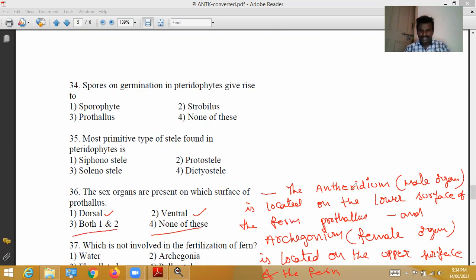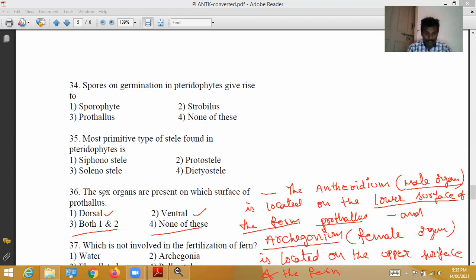The antheridium is the male sex organ. It is located on the lower surface of the fern prothallus. And the archegonium is the female organ. It is located on the upper surface of the fern prothallus.